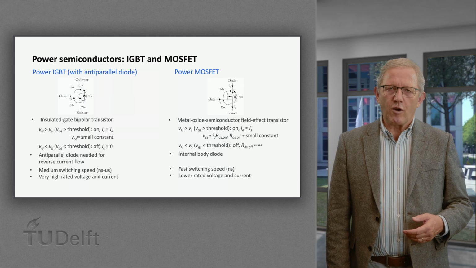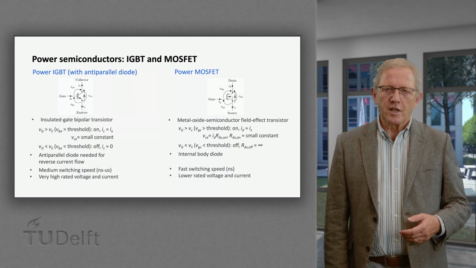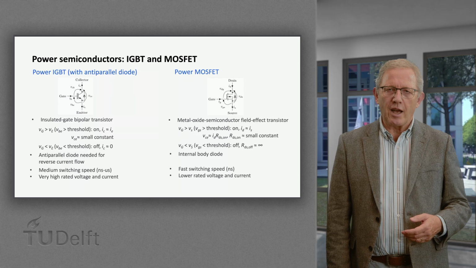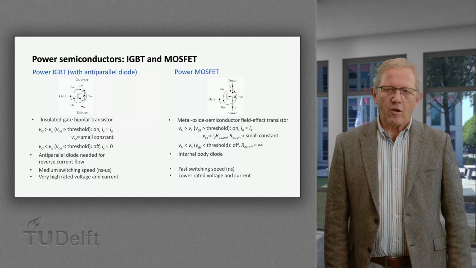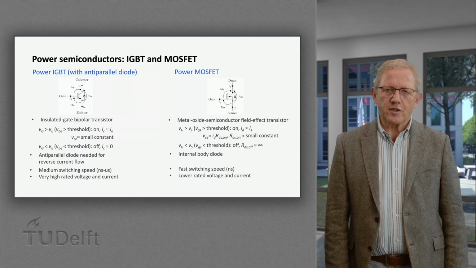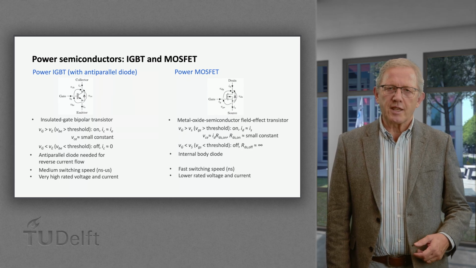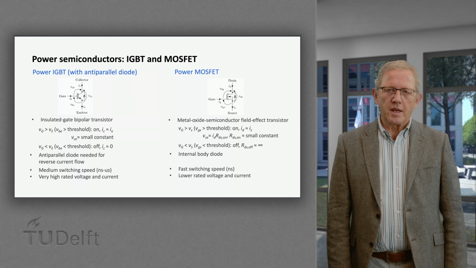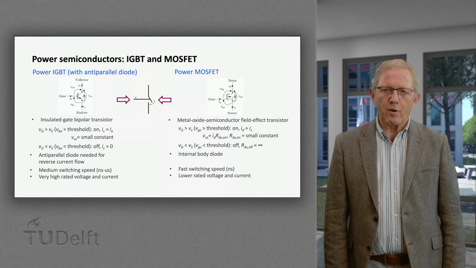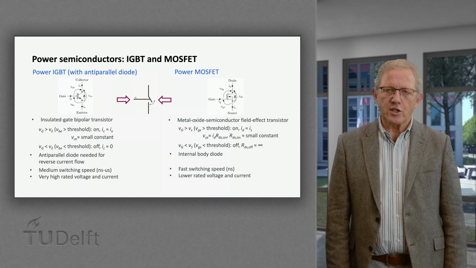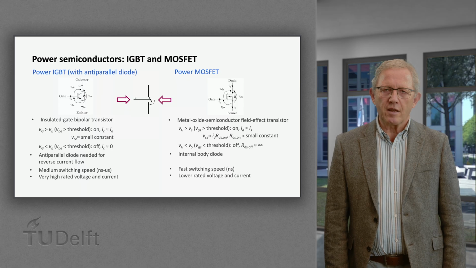The power MOSFET always has an internal diode, so no external antiparallel diode is needed. Compared to IGBT, it has faster switching speed, but comes with a lower rated voltage and current. In this course, we may just simplify both devices as an ideal switch controlled by its gate signal and neglect their switching transients.